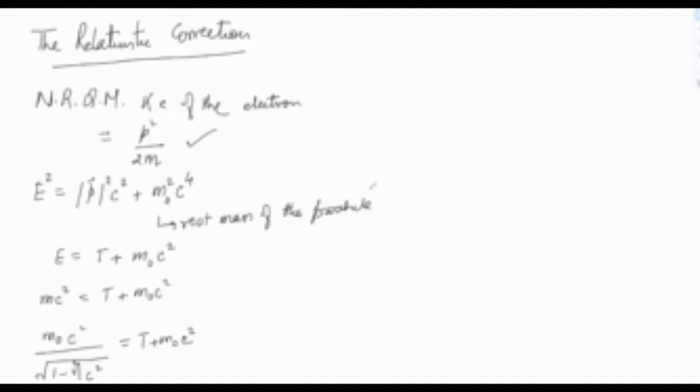Okay, now for that, let me start with p square c square plus m naught squared c4, that is equal to E square. Since in relativity P is mv, but this m is actually m naught by square root 1 minus v square by c square, and then we have v.